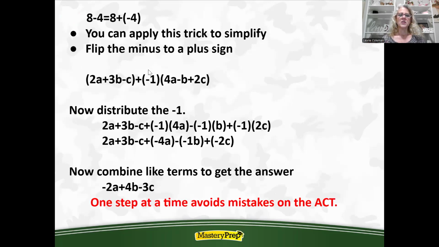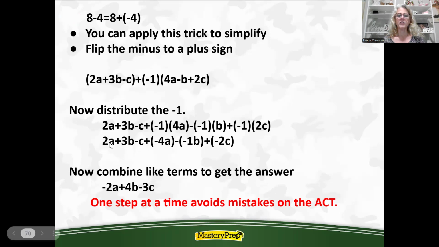So what we would say is 2a plus 3b minus c plus negative 1 times 4a plus negative 1 times b plus negative 1 times negative 2c. That equals 2a plus 3b minus c plus negative 4a minus b plus 2c.